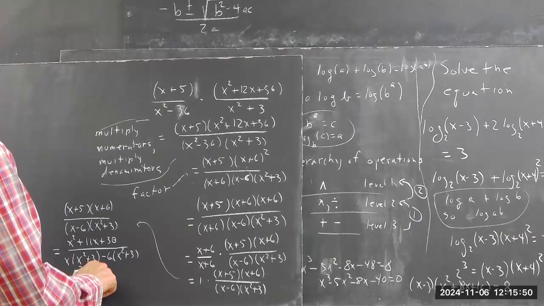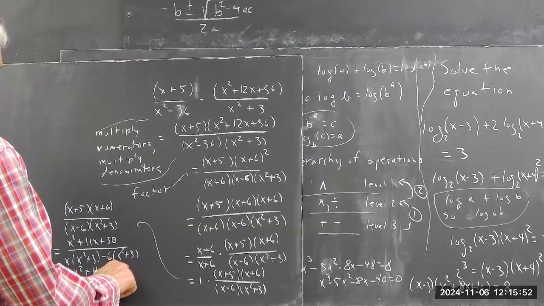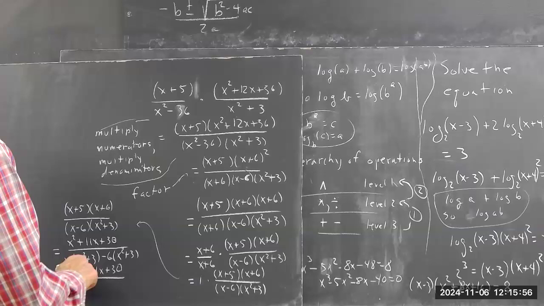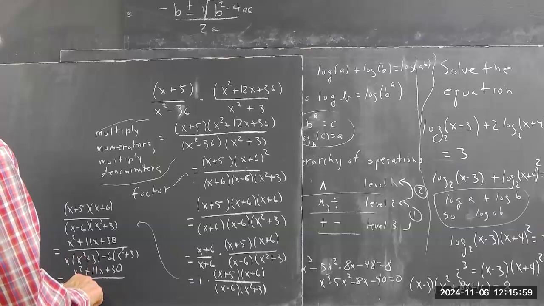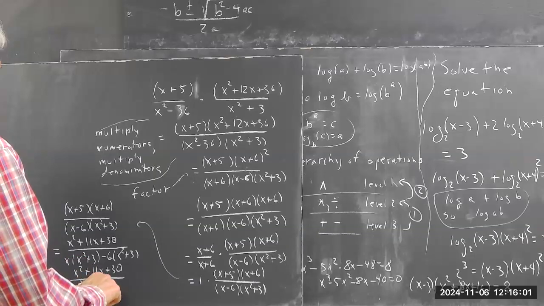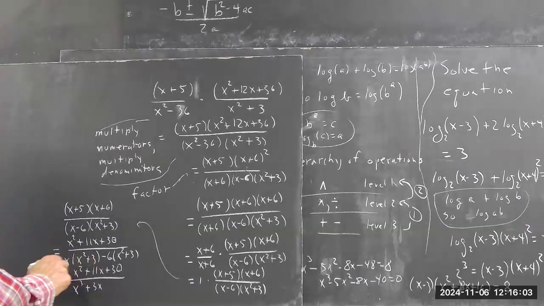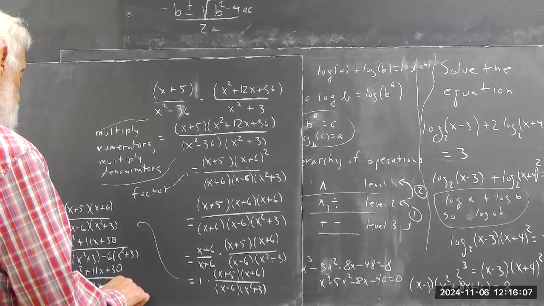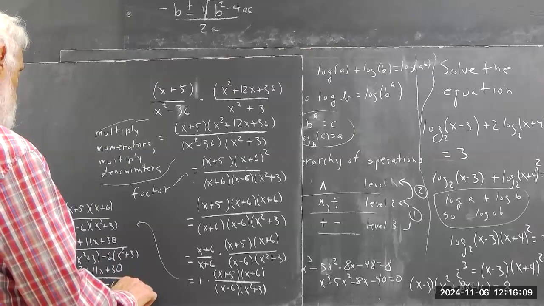Numerator is going to change. The denominator is going to become x cubed plus 3x, multiplying the x by the 3, and minus 6 times x squared, and minus 6 times 3.